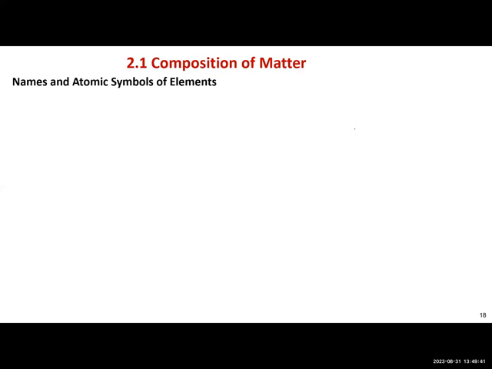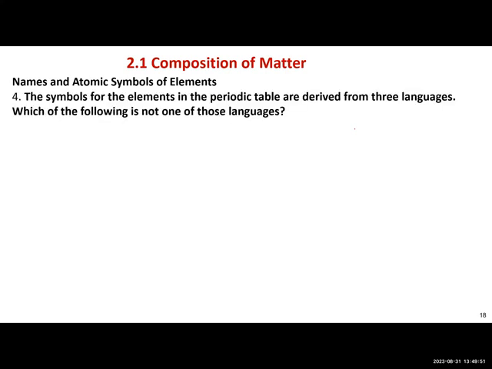Names of the atomic symbols of elements. Let's look at it. Symbols of elements in the periodic table are derived from 3 languages. Which of the following is not one of those languages?